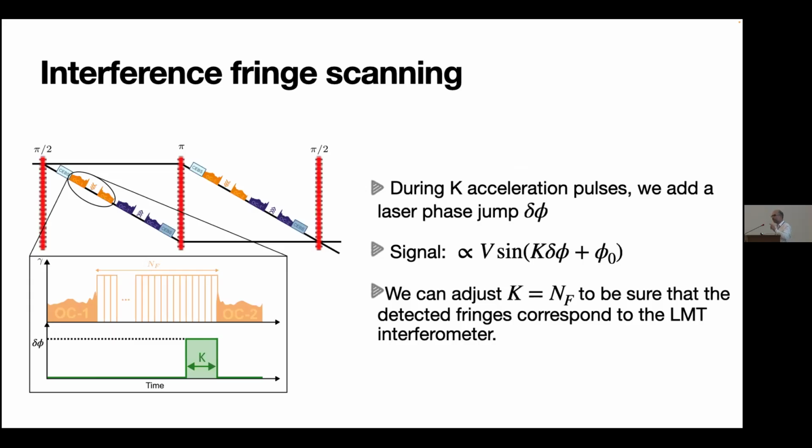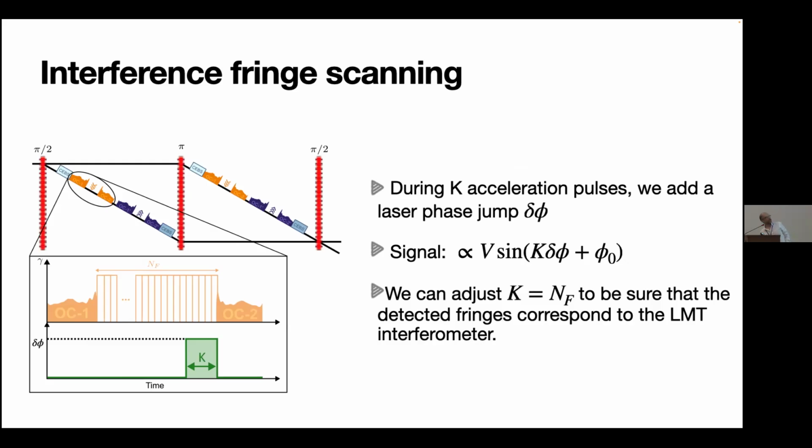And even more importantly, how can you be sure that the fringes correspond to the main interferometer and not to a parasitic interferometer? Because you can have many atoms with only a few percent in a parasitic interferometer. So for that, we apply a phase jump onto the laser pulse here, and this phase is imprinted onto the atomic phase, as you know.